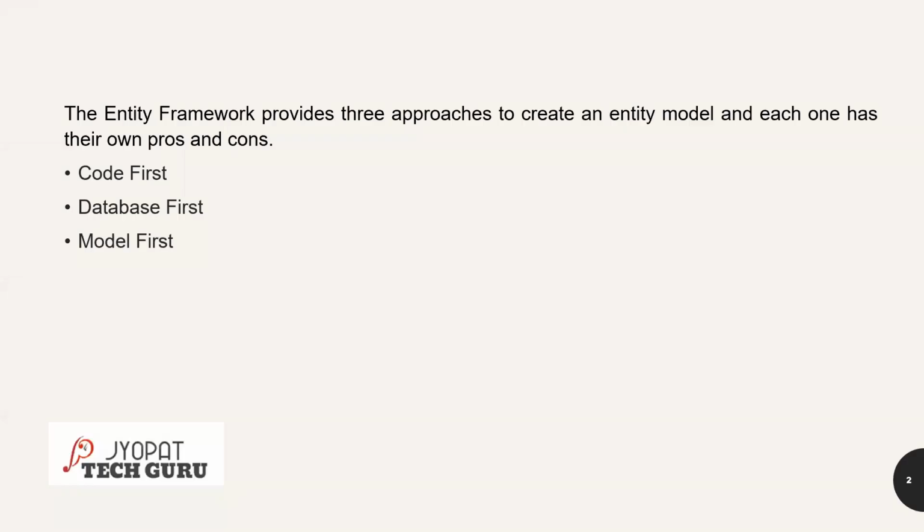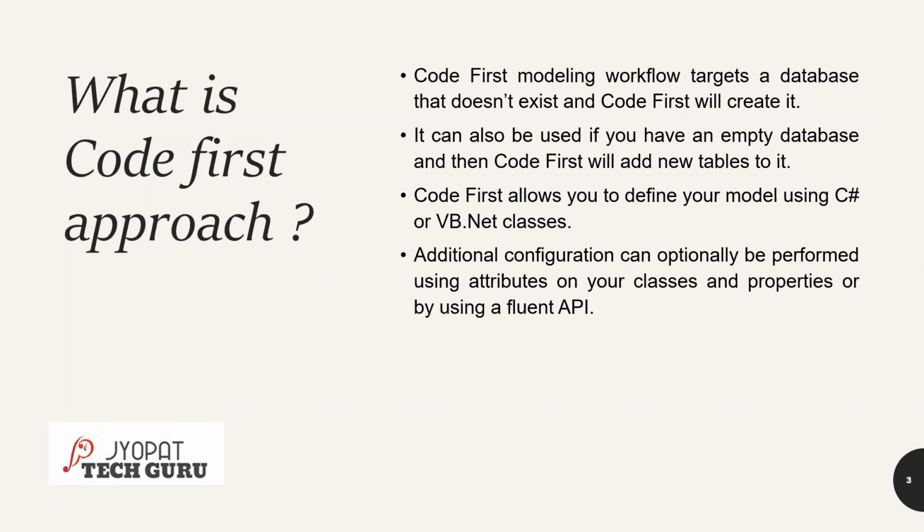So the Entity Framework provides three approaches to create an entity model, and each one has its own pros and cons: code first, database first, as well as model first approaches. So what is this code first approach? The code first modeling workflow targets a database that doesn't exist, and code first will create it.